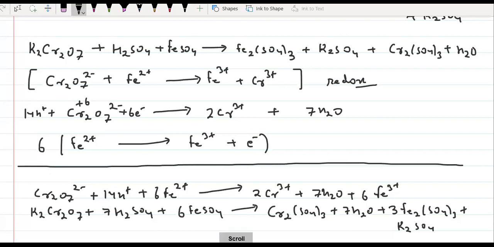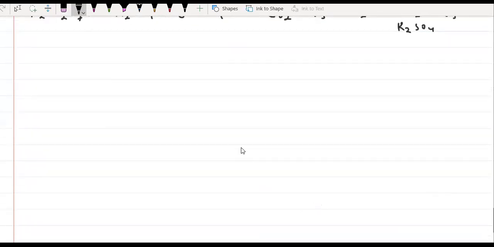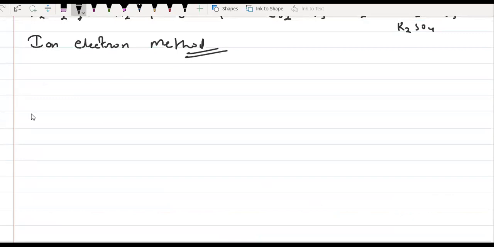This was your ion electron method. Does anyone have any doubt in the ion electron method? You have to remember only 3 steps.